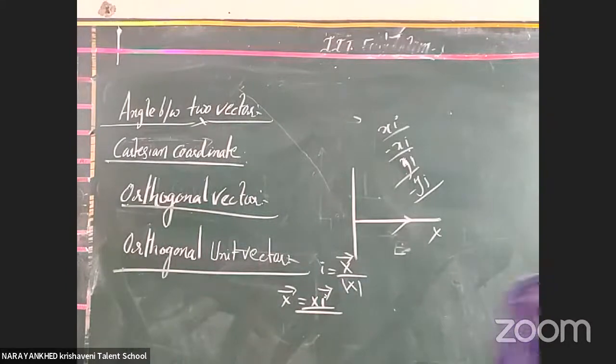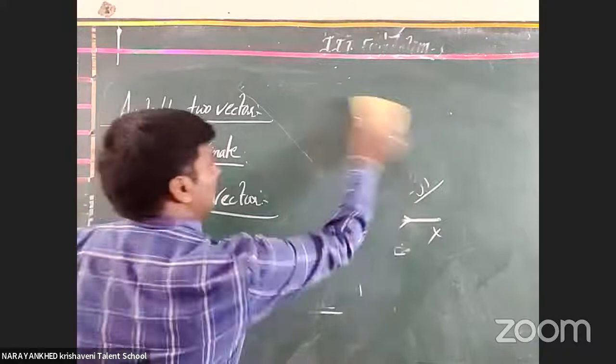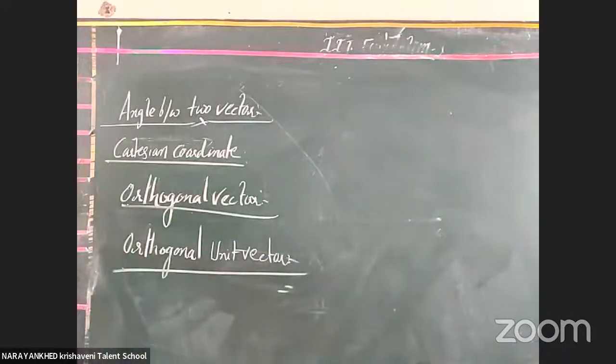Suppose they give us an example. What is that? A vector of 4 units along the positive x-axis. Then x bar becomes 4i.